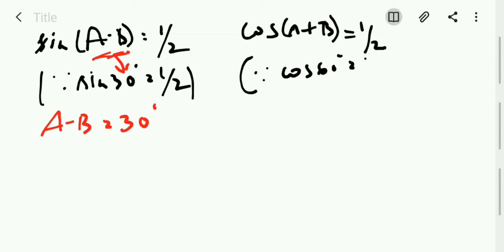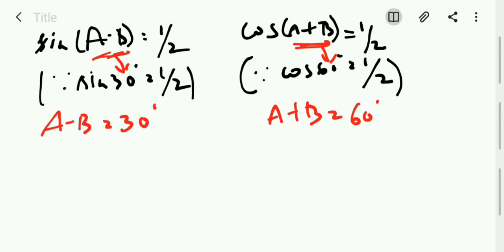What is cos 60 degree? That is also equal to half, isn't it? Simple. Now over here a plus b is 60. Are you getting it, guys? Look at how simple it is. Now a plus b is 60 degree.